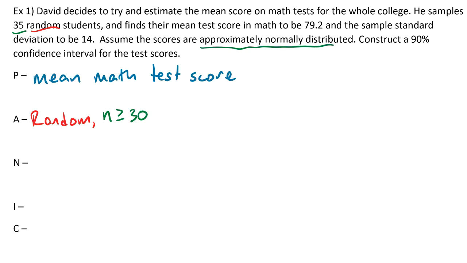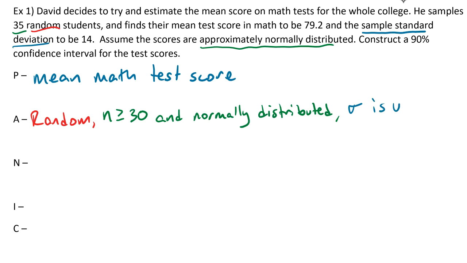And it's also approximately normally distributed. And then lastly, we don't have the population standard deviation. Instead, we have the sample standard deviation. So sigma is unknown.